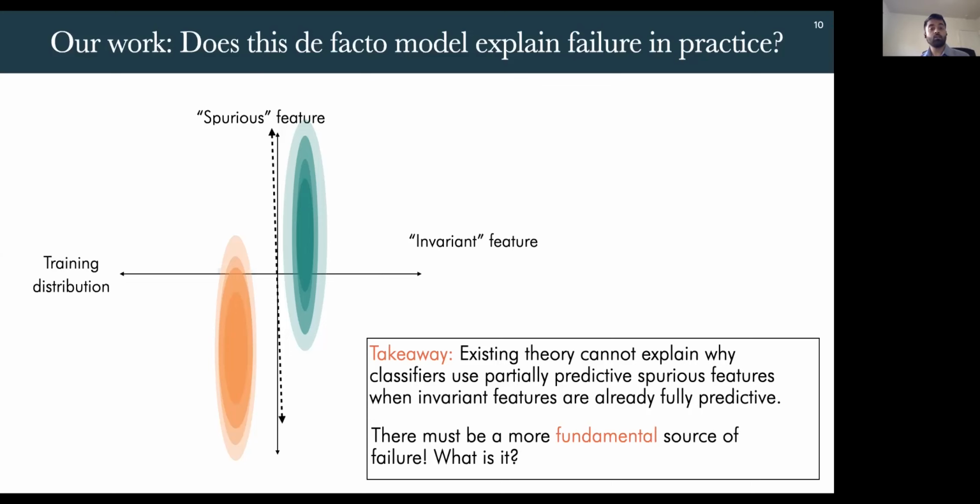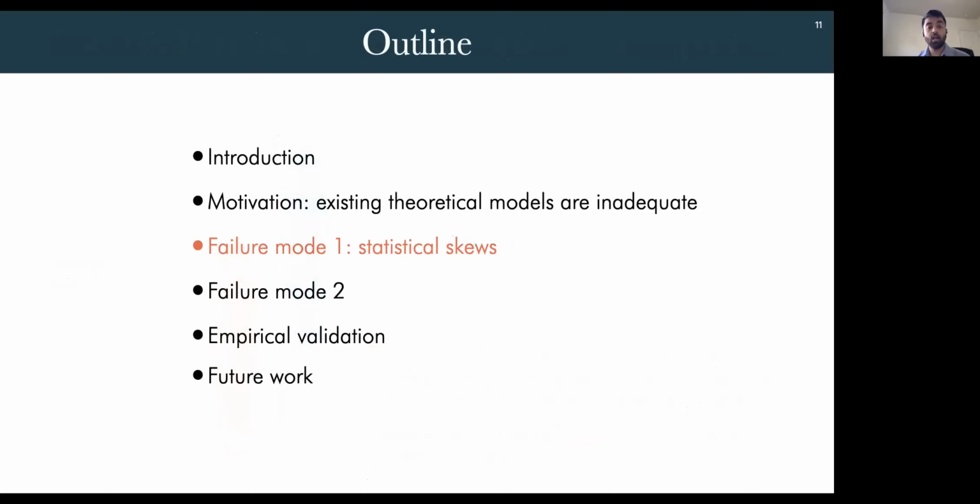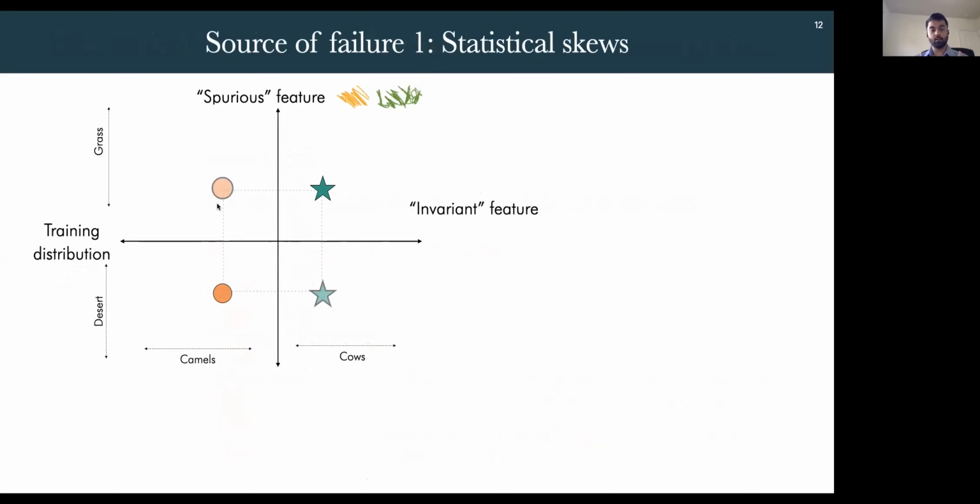Okay. So the first failure mode that we identify is something that we call statistical skews. To understand this failure mode, let me start with a much simpler data set. In this data set, the data are concentrated on 4 points in a square.